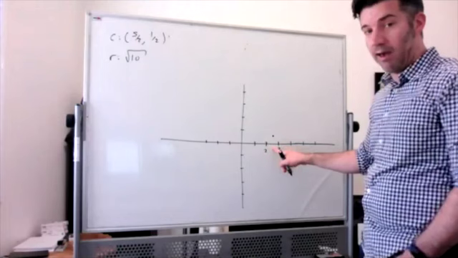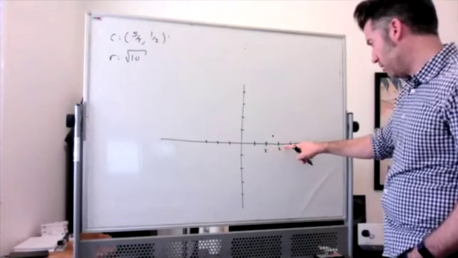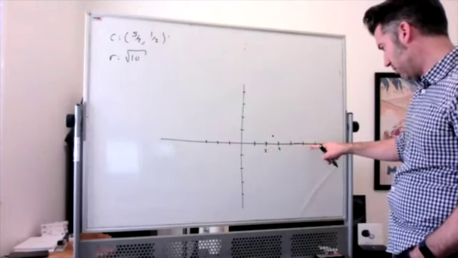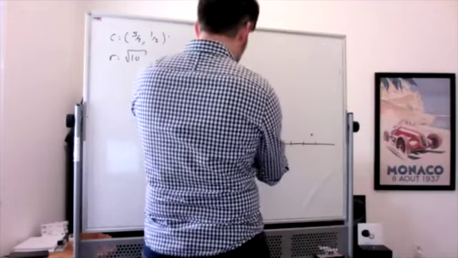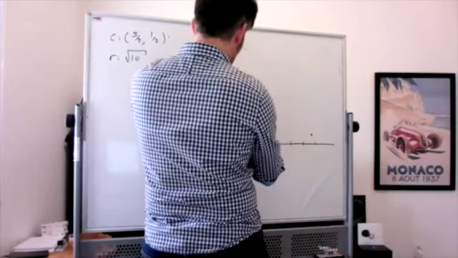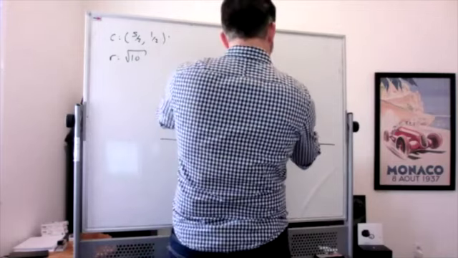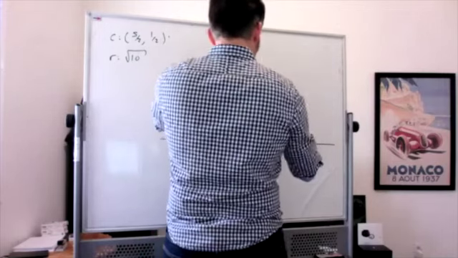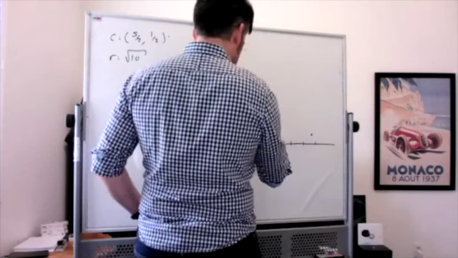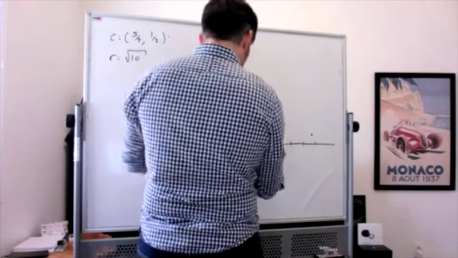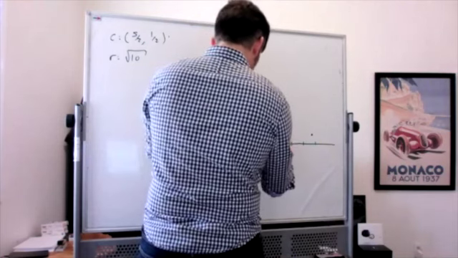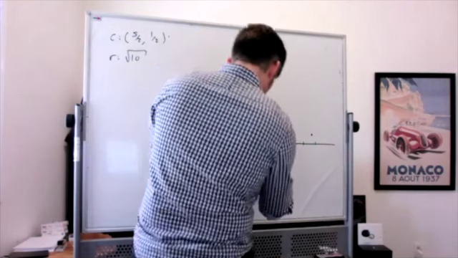I'm at 2.5. So I'm going to go 1, 2, 3, and a tiny bit more. I'm at positive 1 half, so I'm going to go 1, 2, 3, and a tiny bit more above the center. I'm going to the left, 1, 2, 3, and a tiny bit more. I'm going to go down, so 1, 2, 3, and a tiny bit more.